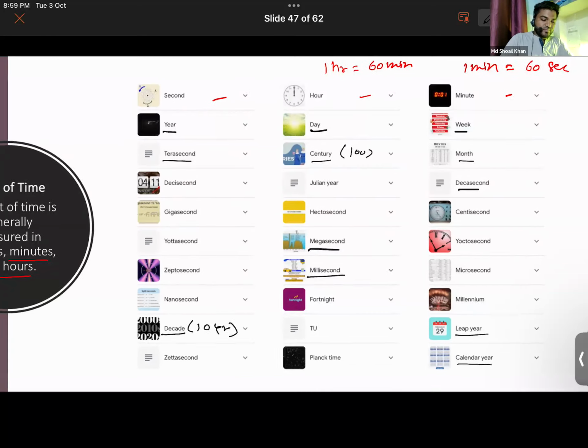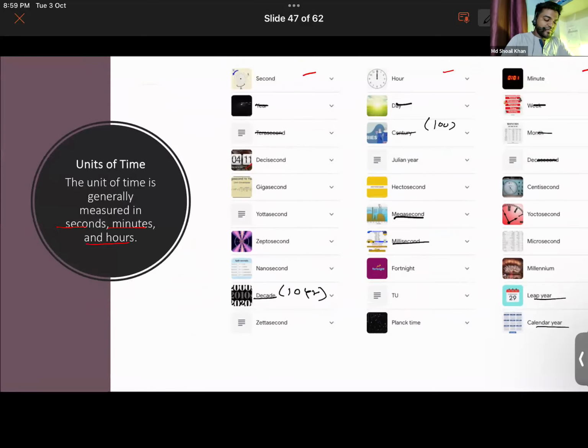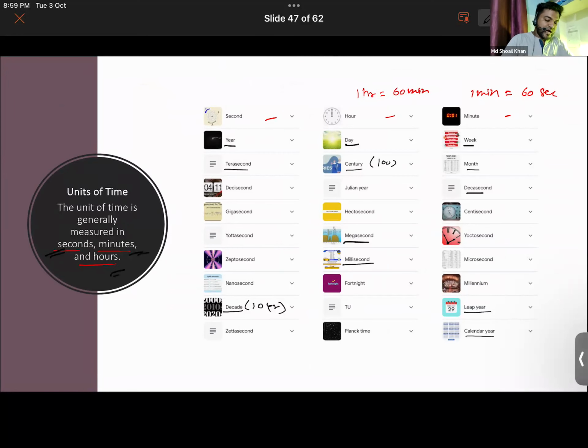So there are several units to measure time, but the only important ones are second, minutes, and hours. You see, all these different units of time are used depending on the need, like how much of a time period gap we need to measure.